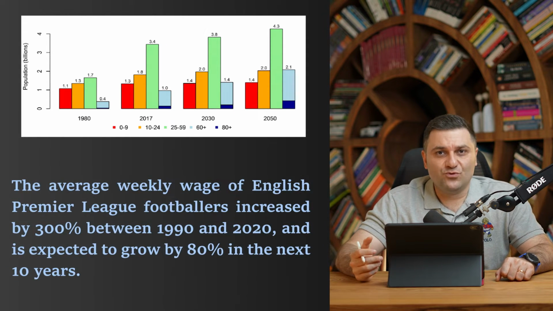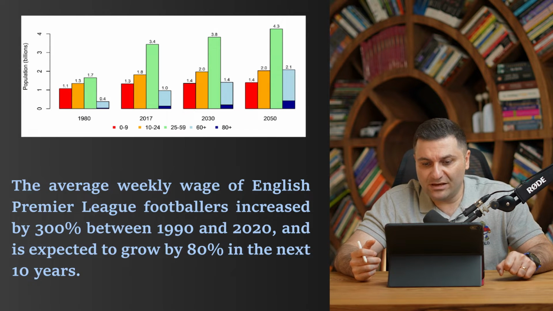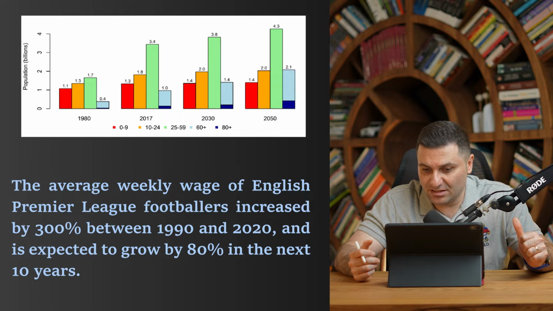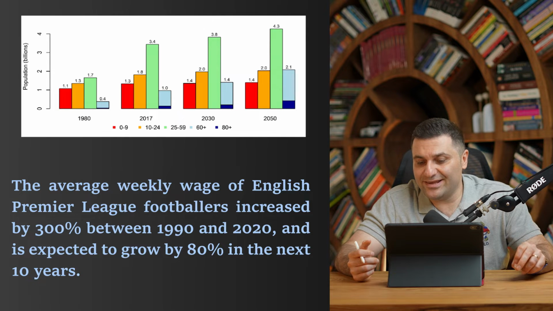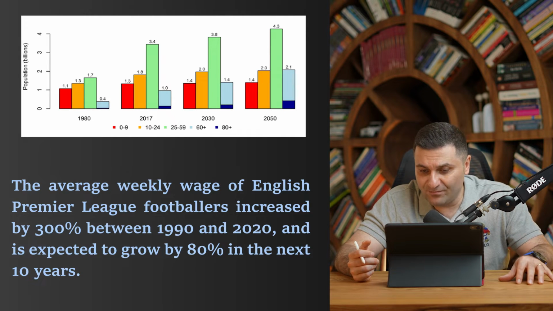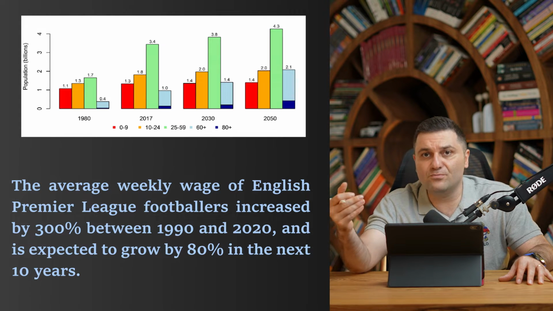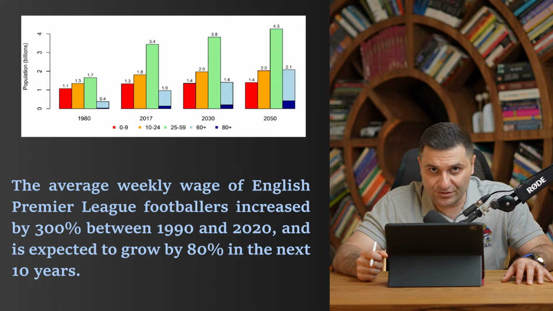The average weekly wage of English Premier League footballers increased, it is in the past tense, by 300% between 1990 and 2020 and is expected to grow by 80% in the next 10 years.